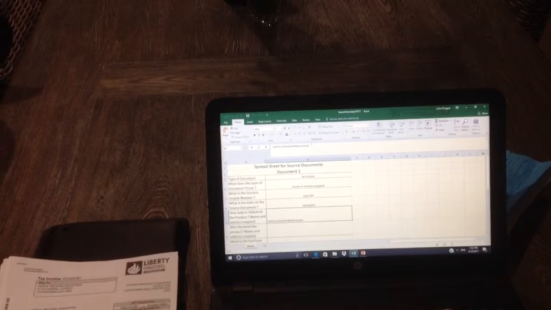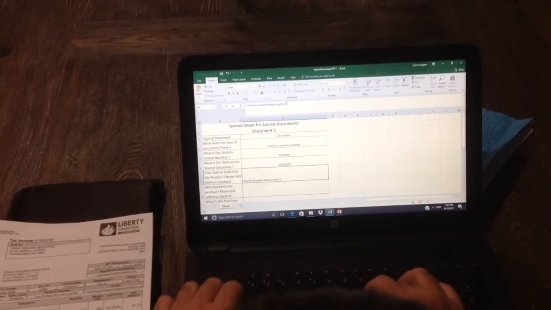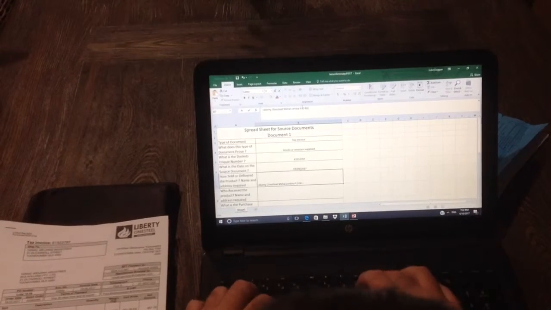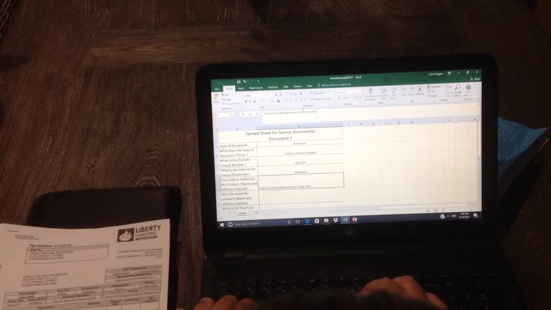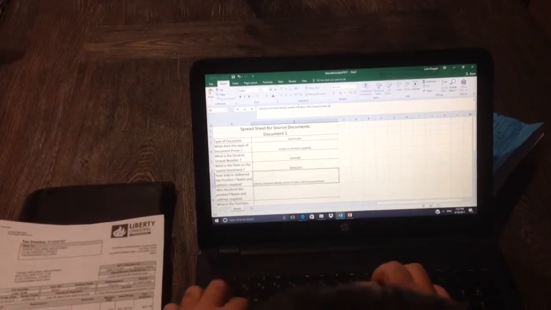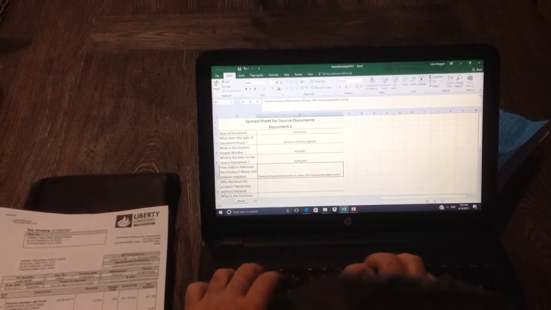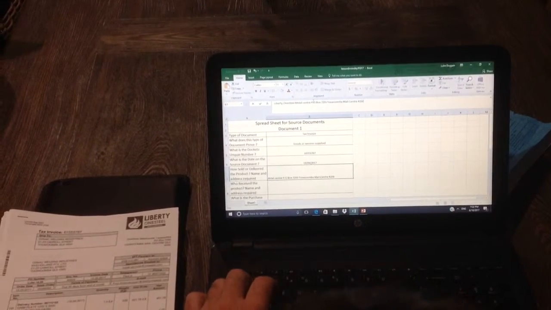The address is P.O. Box 7293, Toowoomba, Mail Centre 4350.